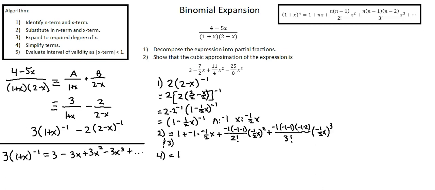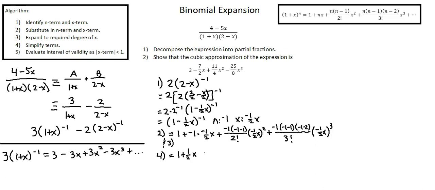Our first term is 1. Our second term is negative 1 times negative 1 half, which will be plus 1 half times x. Following term in the numerator, negative 1 times negative 1 minus 1, which is negative 1 times negative 2.